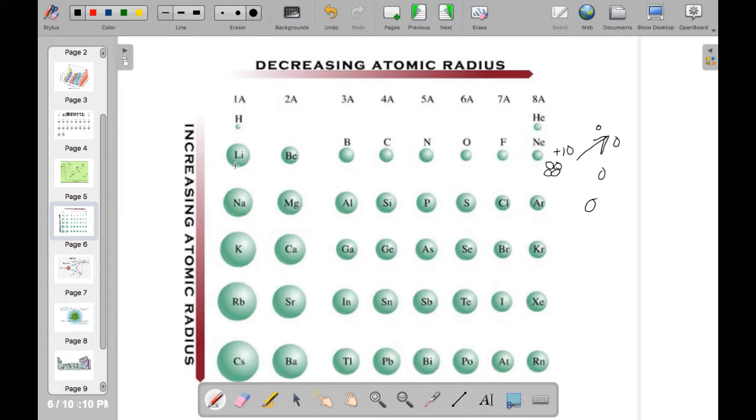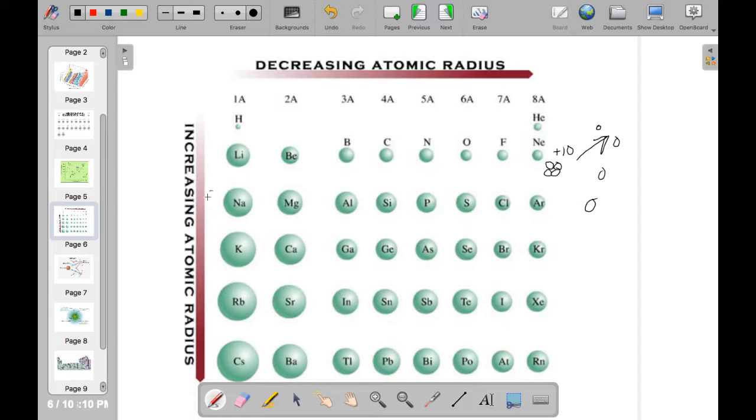This has 2 energy levels, this has 2 energy levels. That's what we have to remember. This has 3 energy levels, this has 4. So as we go down the energy levels, there's more skins to the onion per se. But over here, there's still only 2 energy levels. So we can really grab those electrons and pull them tightly. They actually are closer to the nucleus because it's pulling them towards the nucleus.